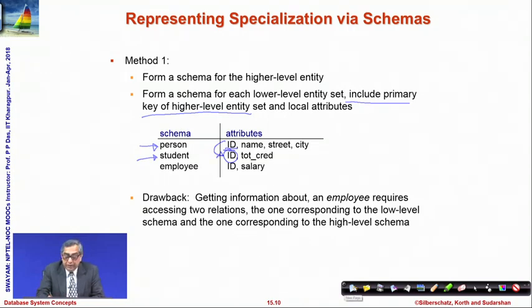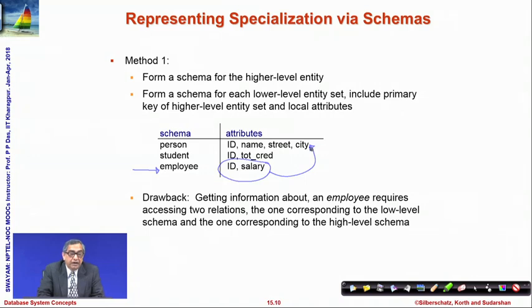Now, this representation is in a way optimized, because you are representing the information only once when it is needed, but the drawback is if you have to find out information about, say, employee, then you will not only have to access the employee entity set or the corresponding relation in the relational schema, but you will also have to access the parent or higher level entity set to get the attribute values which are inherited.